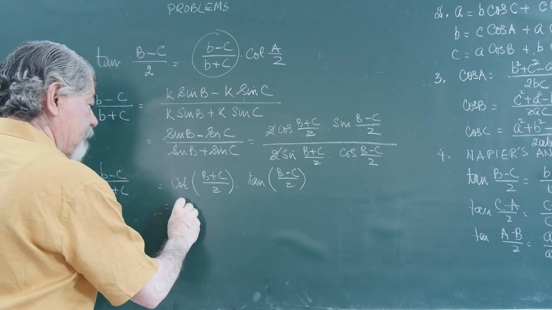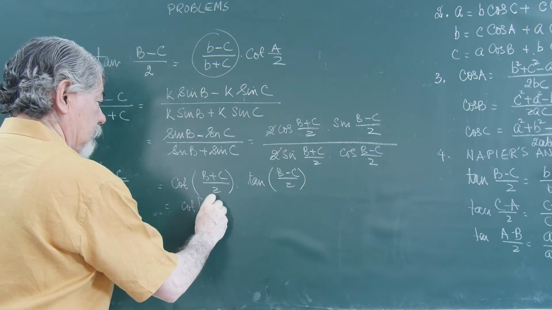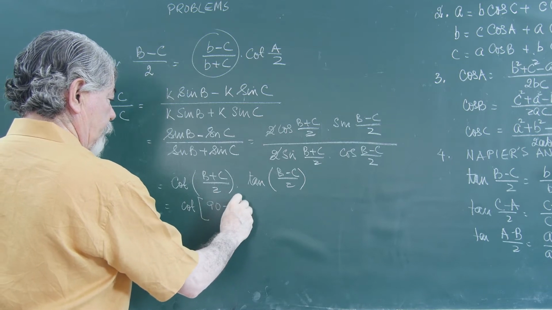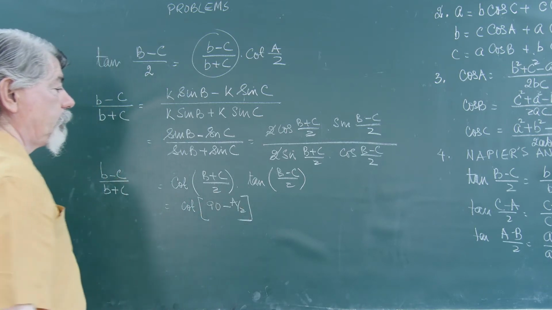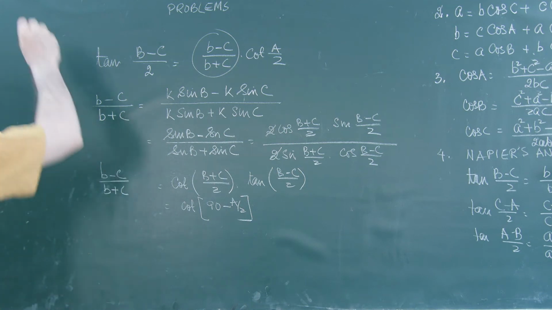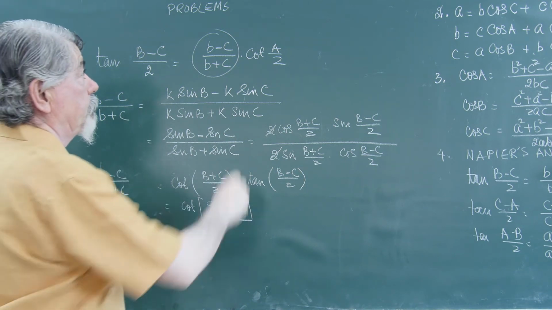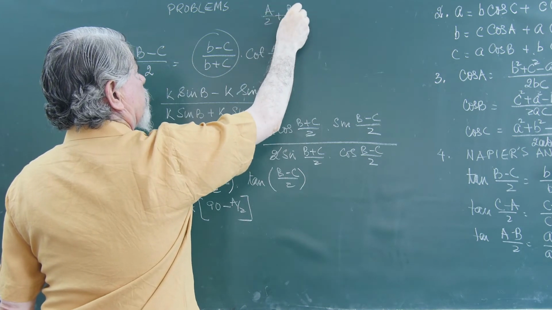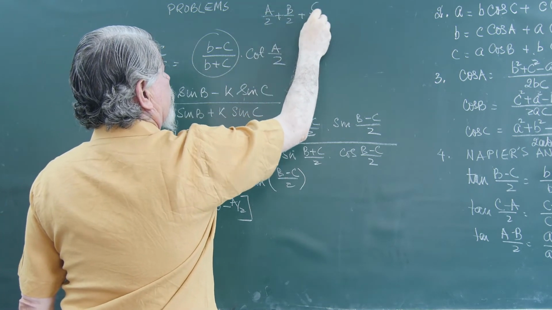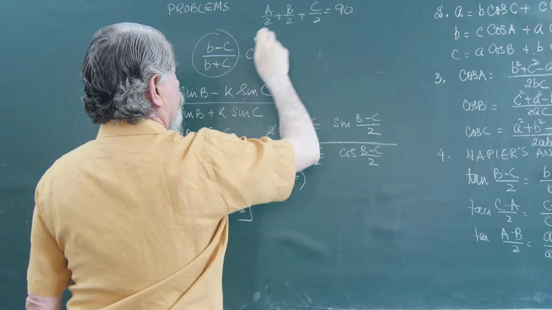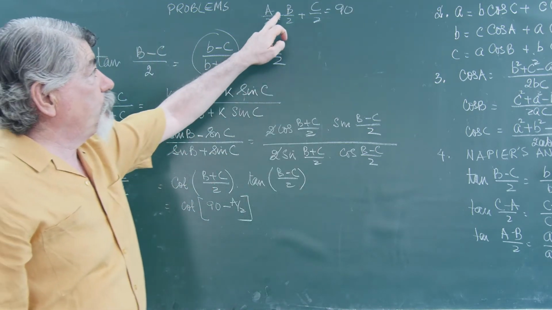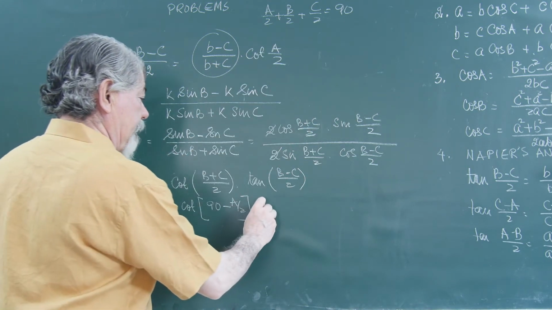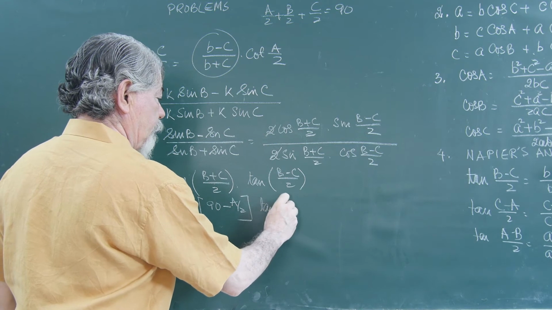So I can write this as cot(90 minus A upon 2), because A by 2 plus B by 2 plus C by 2 will be equal to 90. So B by 2 plus C by 2 will become 90 minus A upon 2. So I can replace it: tan((B minus C) upon 2).